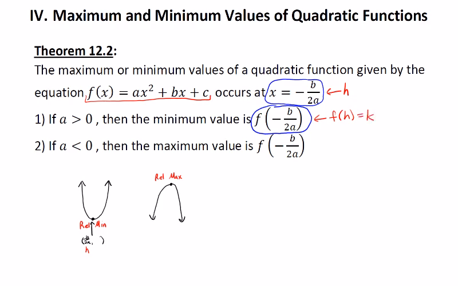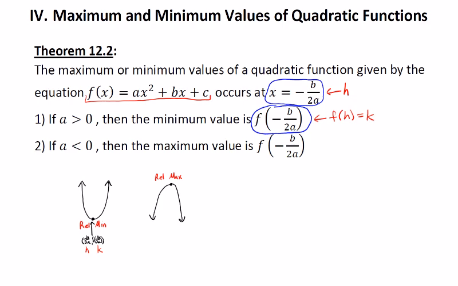So back over here on the relative minimum calculation, the y value for the vertex is going to be f of negative b over 2a, and that's going to be known as the k value. So this gives us a shortcut for calculating h and k. We don't necessarily have to complete the square to turn standard form into vertex form in order to figure out h and k. This will do it for us.